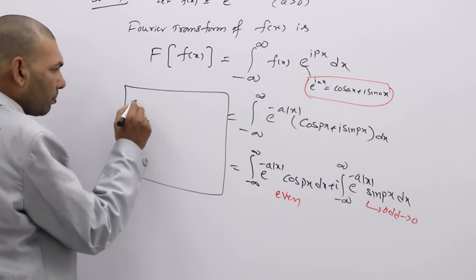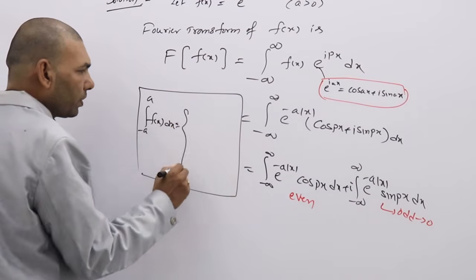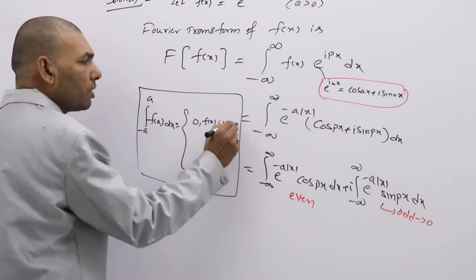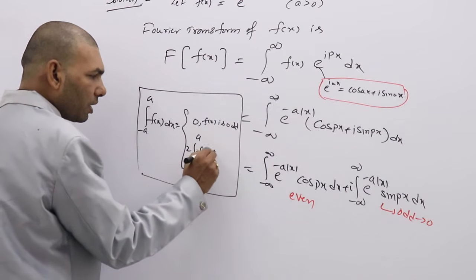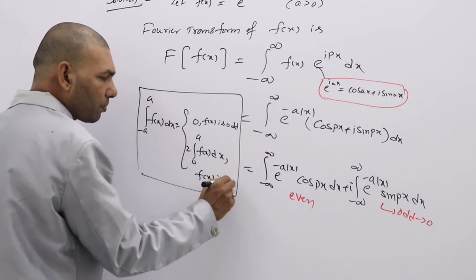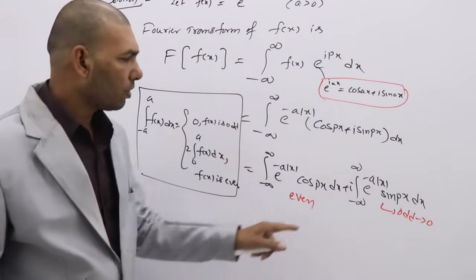Integral minus a to a f of x dx equal to 0 when f of x is odd, and 2 integral 0 to a f of x dx when f of x is even. So if it is an odd function, we can write that value as 0.